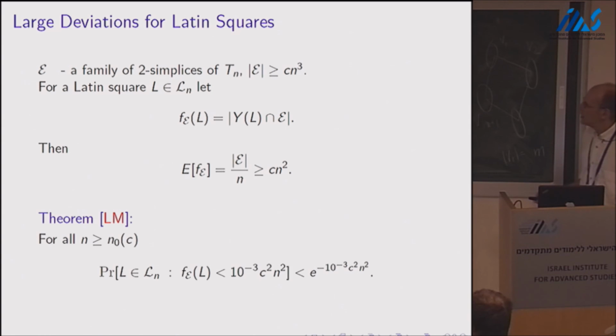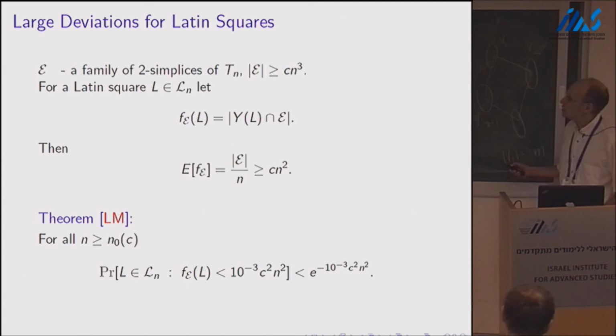Okay, and this approach turns out to be something we can push to the Latin square case. Suppose here now that we have a subset E of simplices whose cardinality is Cn cubed, and a Latin square will have n squared 2-simplices. We look at these 2-simplices that actually hit E. The expected number of such simplices is at least Cn squared.